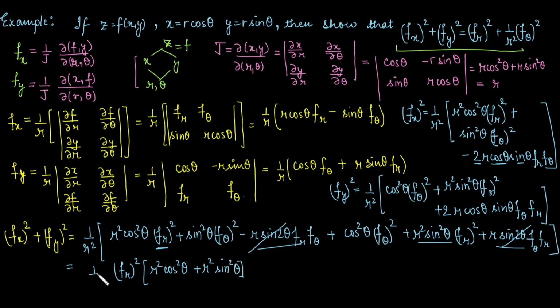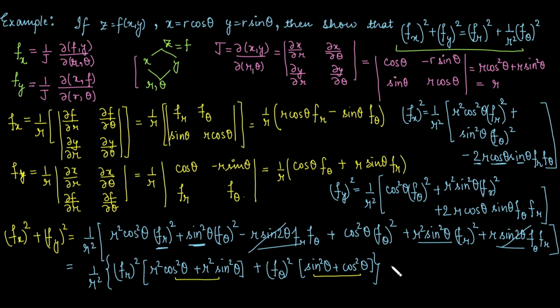Here 1 by r square as it is, plus coefficient of partial derivative of function with respect to theta whole square is sine square theta plus cos square theta. Sine square theta plus cos square theta is 1, and here when you take r square outside, we have cos square theta plus sine square theta.